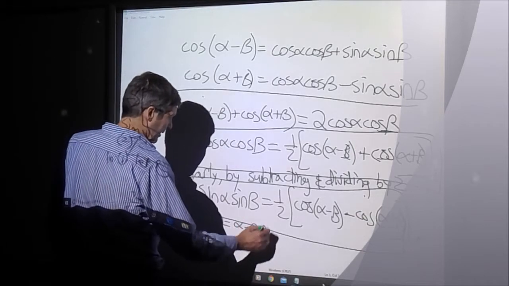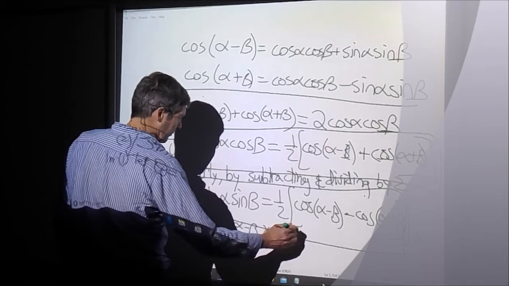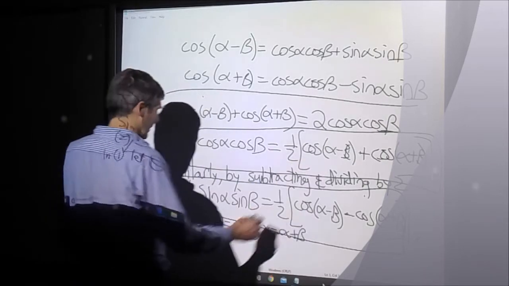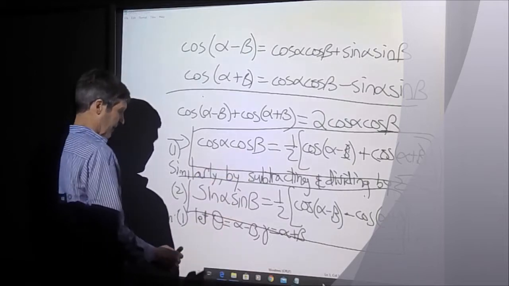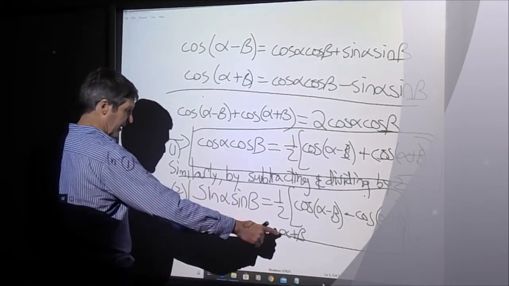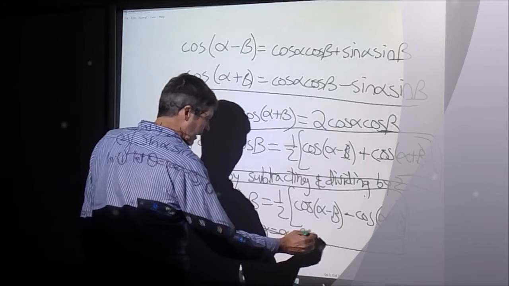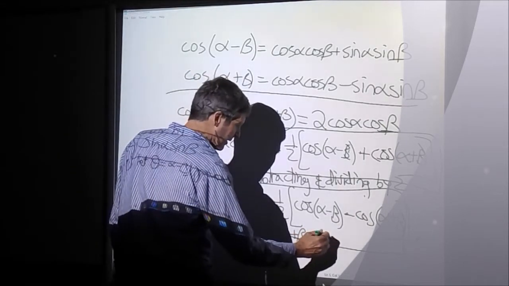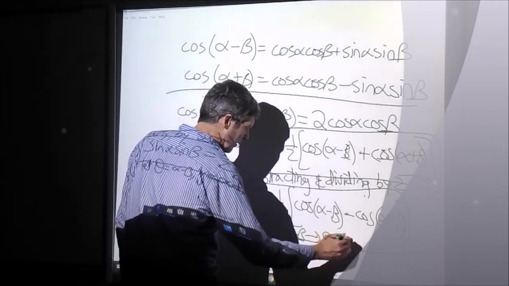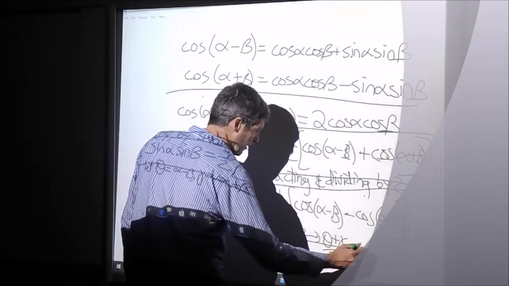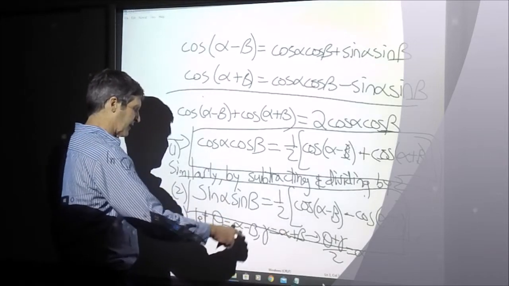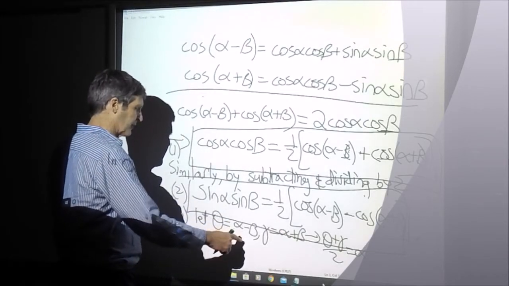Let's say gamma equals alpha plus beta. Now what we've got over here, putting these in, well, let's see, if I add these and divide by 2, I find out that theta plus gamma over 2 is alpha. And then if I take gamma minus theta and divide by 2, I get beta.